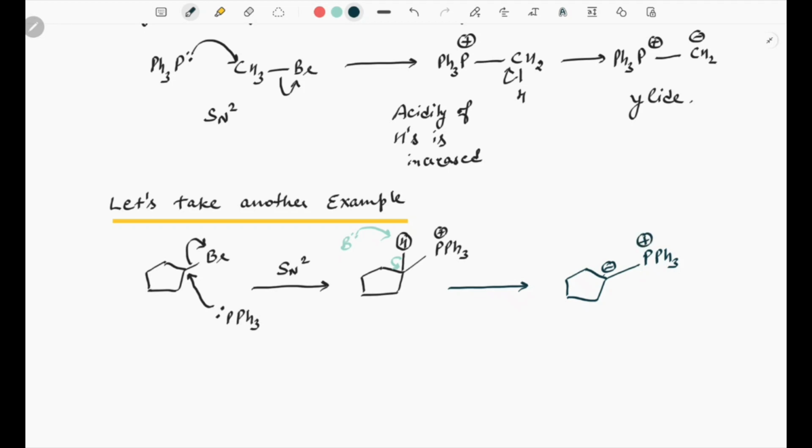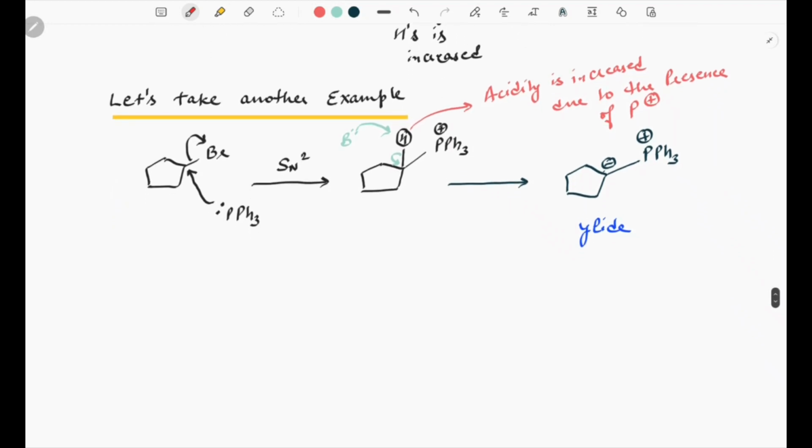Once again, the acidity is increased due to the presence of phosphorus positive.